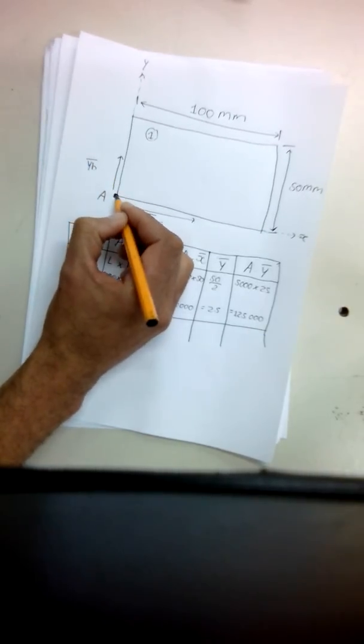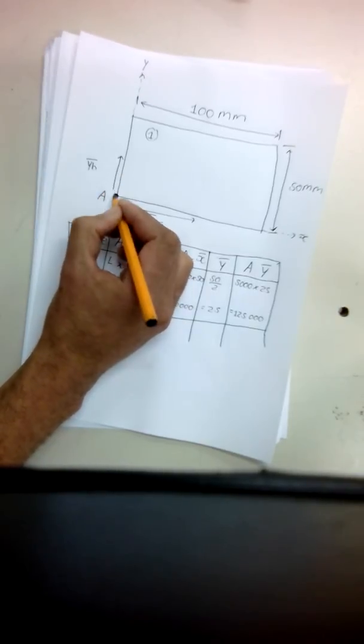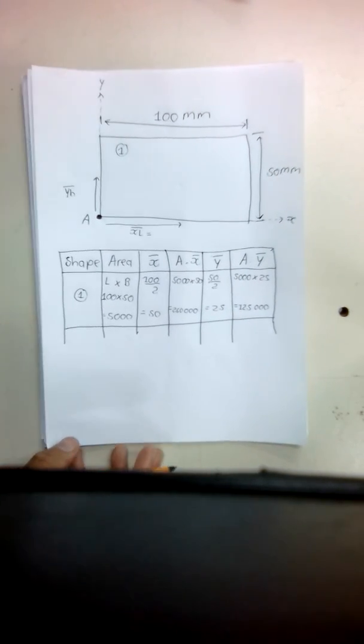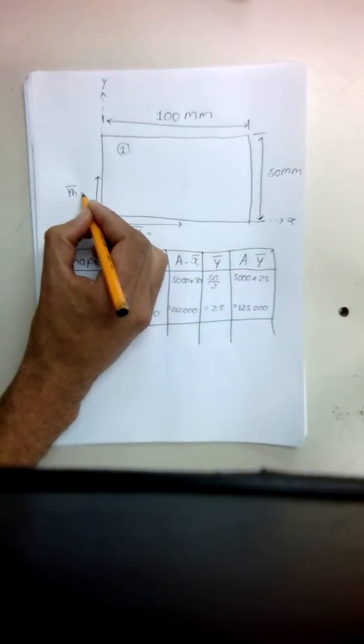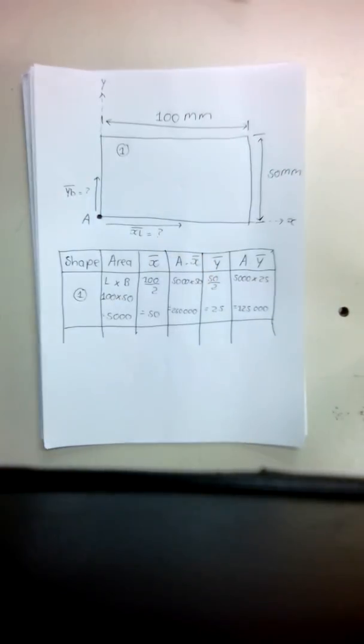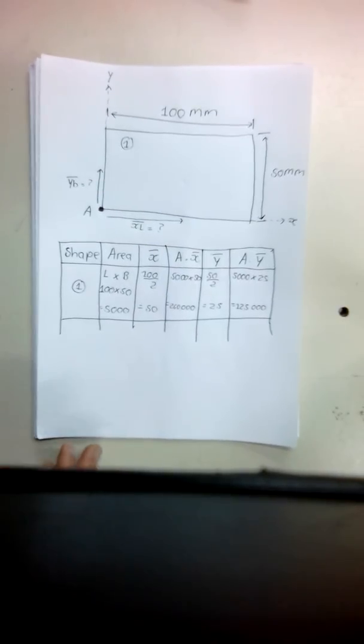Call it y bottom because we're measuring from the reference point, from the bottom upwards to the center of the object. So once we have these two coordinates, we can find the center of the object or the centroid.